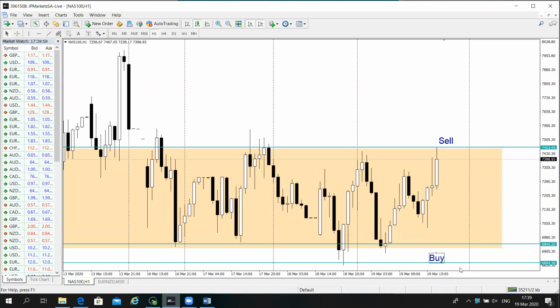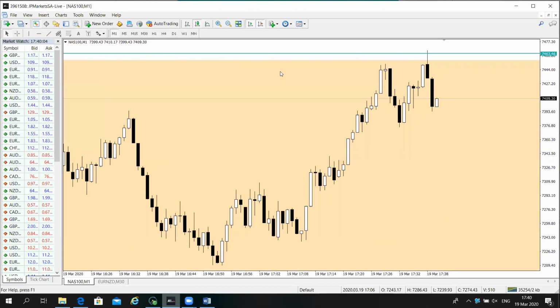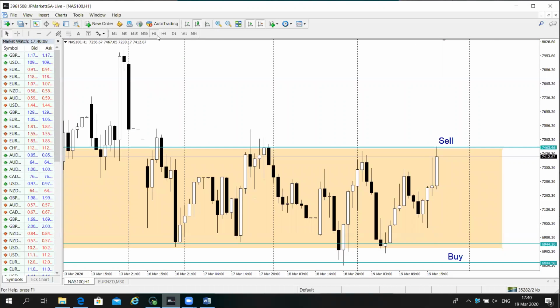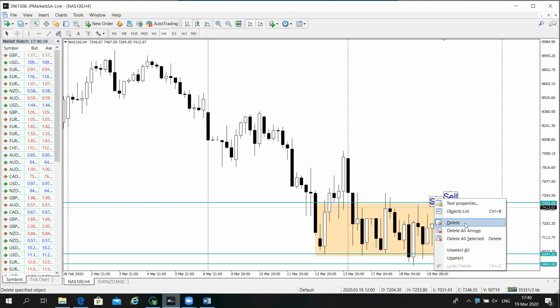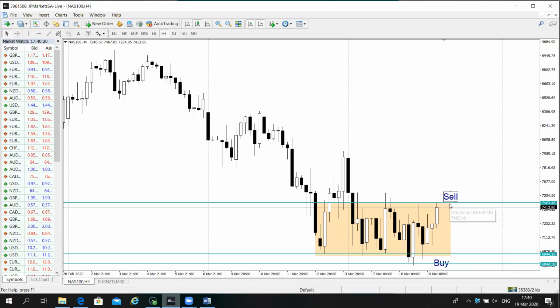If you go to a 1 minute time frame right now, you'll realize that there are already sellers in the market, as you can see. So you just need to be careful, because this is Nasdaq. It's very liquid, and it's very risky. Many small accounts are being taken out at this moment.